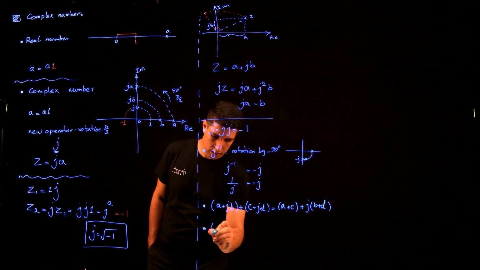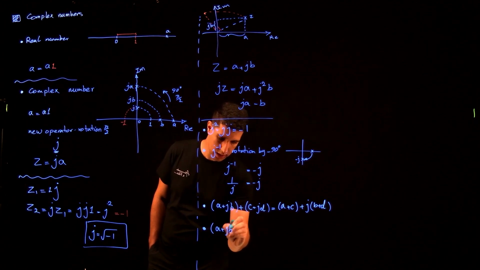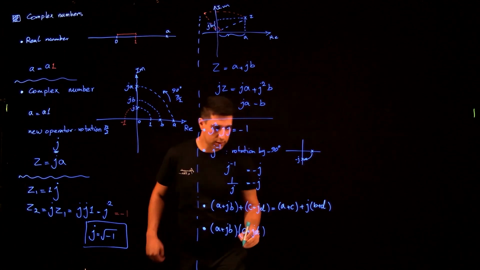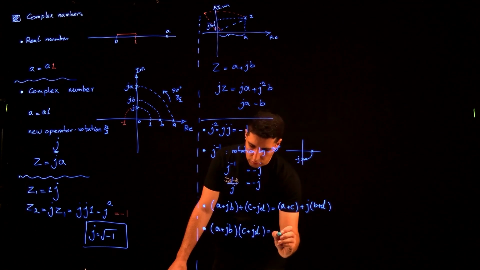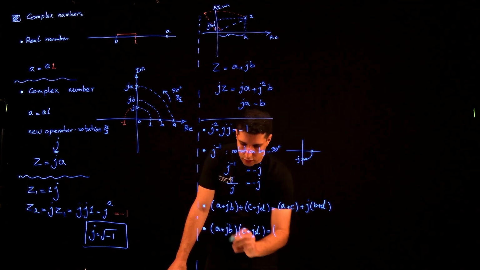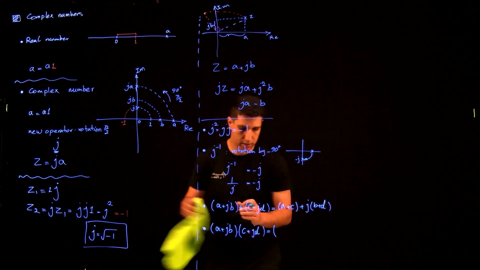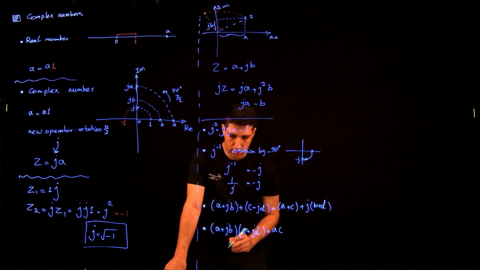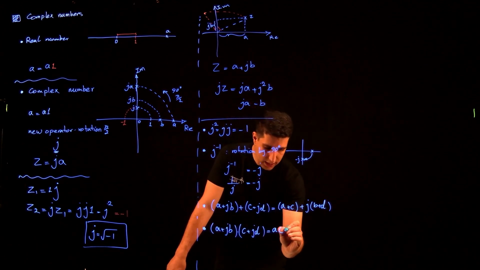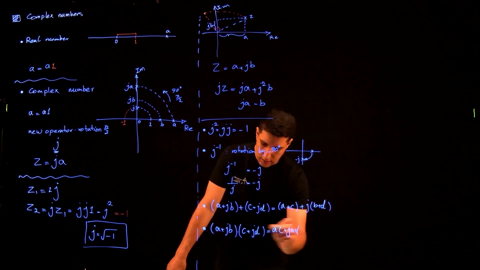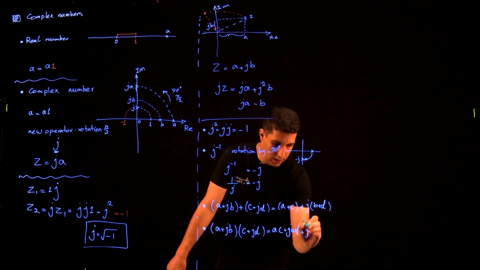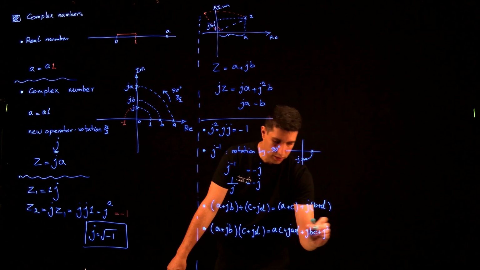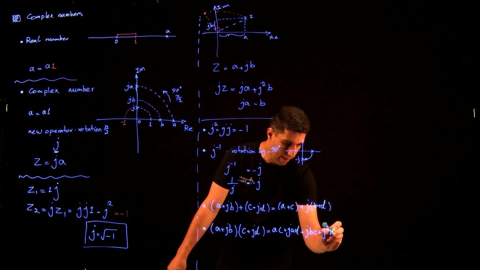Same with multiplication, A plus JB times C plus JD equals, let me expand it. So I have AC plus JAD plus JBC plus J squared BD.